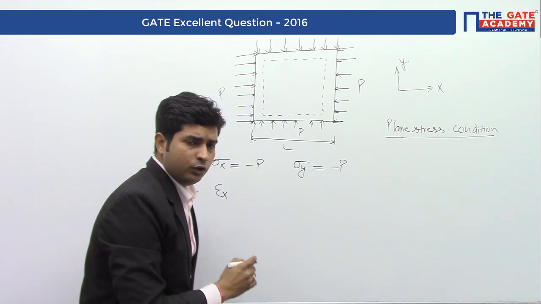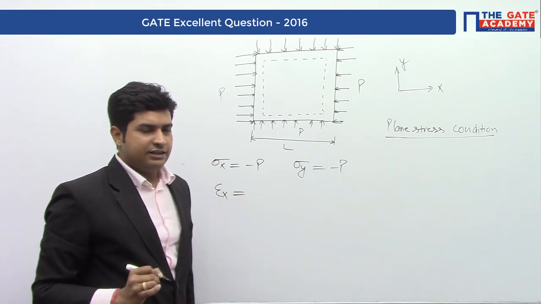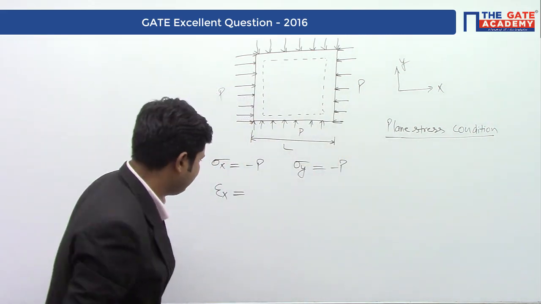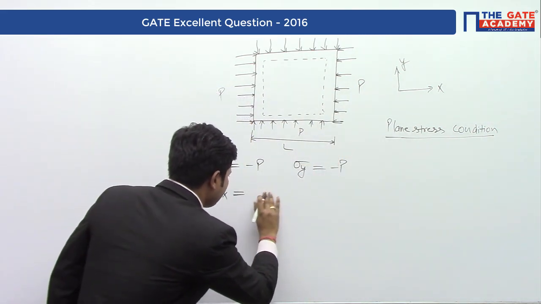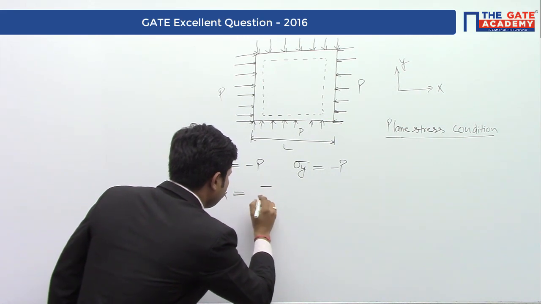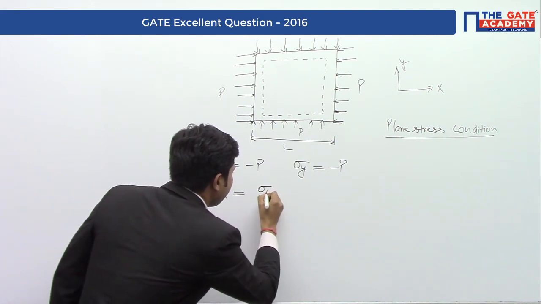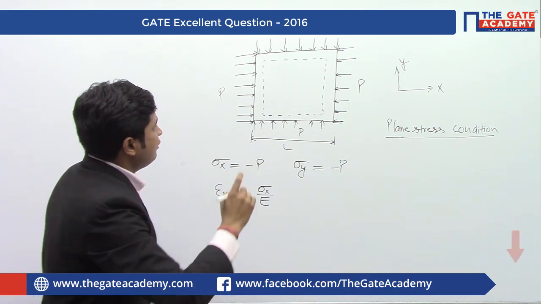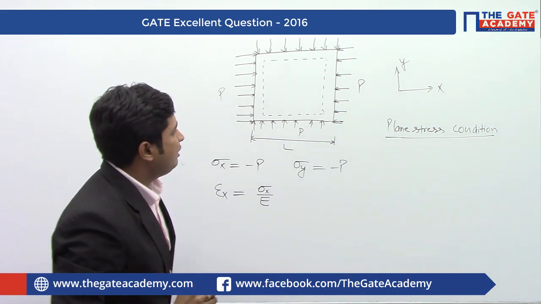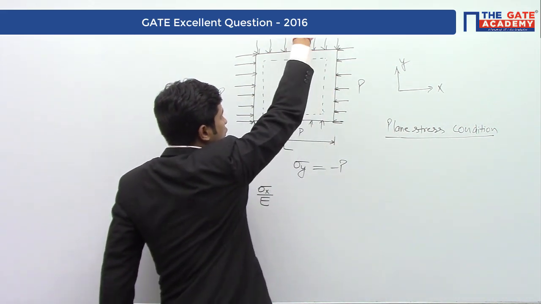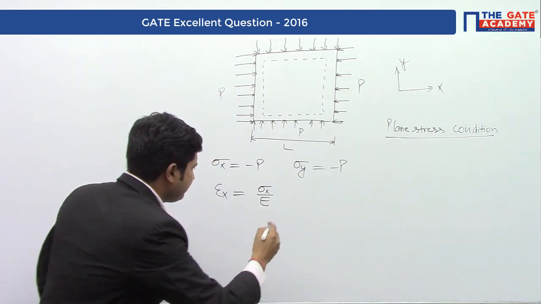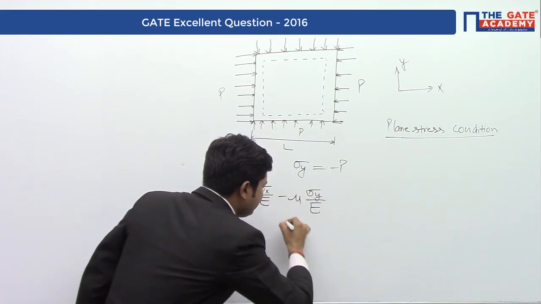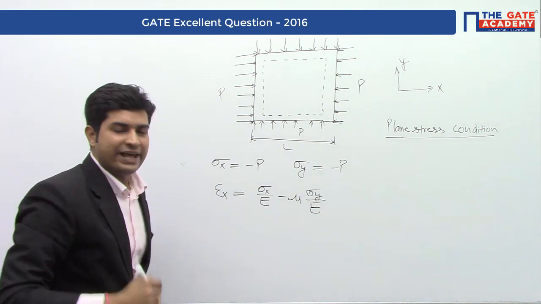The strain in X direction is given by first the longitudinal strain in X direction, which is sigma X by E. And one more, the lateral strain due to load in Y direction, which is given by minus mu sigma Y by E.